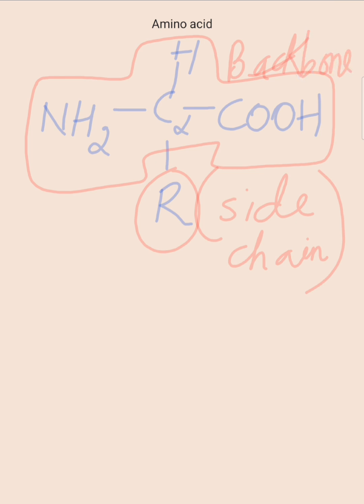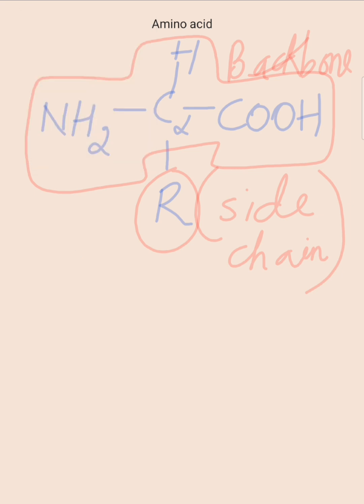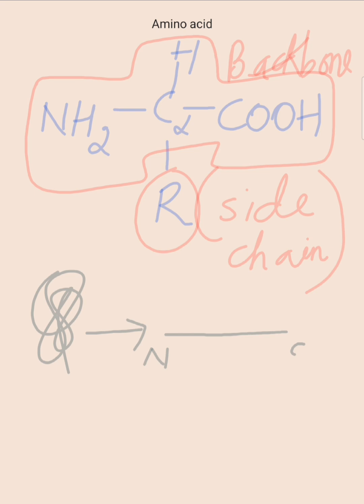Now, let us say I have a protein. This is like the folded form of the protein. If I make it in a linear form, then whenever you see a protein, you'll see that at one end it has an N terminal, and to the other side it has a C terminal.